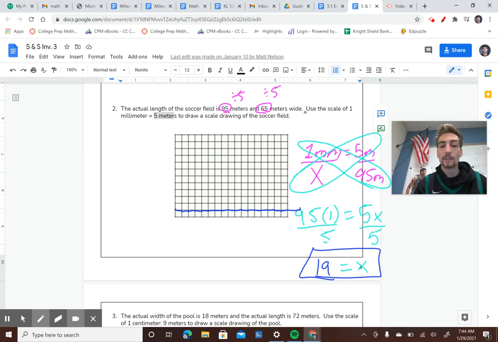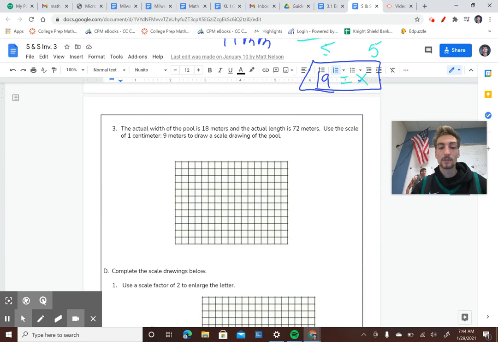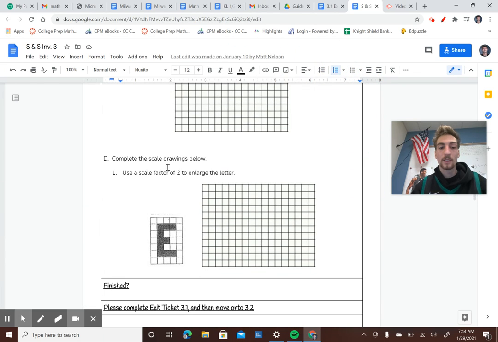So I go a little bit off the grid, and then that's going to be my width. And then I'd have to draw my 65 going up here. Okay? So I'd have to figure out what x would equal if I were going for the 65 instead of 95. So I'd have to replace 95 with 65. All right, so that's what you're doing for this section here.